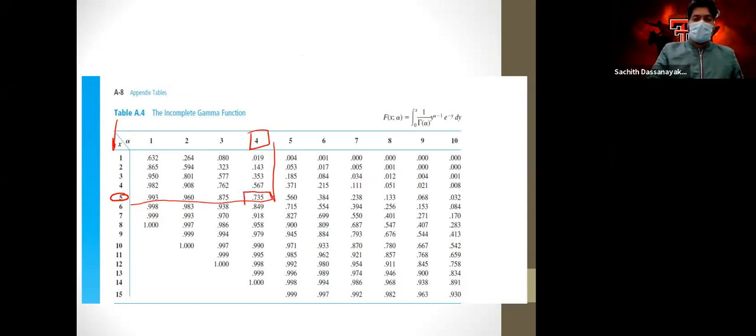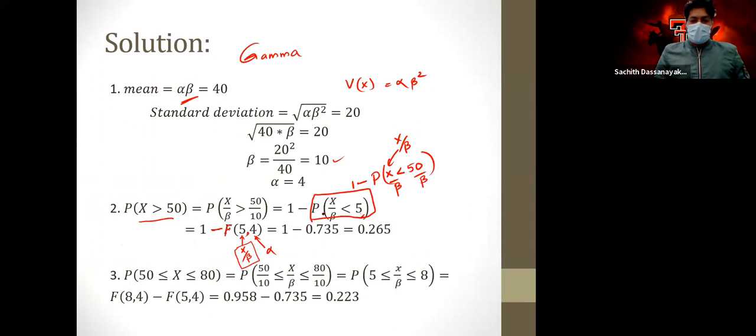Clear? The value I mentioned here is 0.735. So 1 minus 0.735 is 0.265. Again, don't forget this piece: it is not just x, it is x over beta.